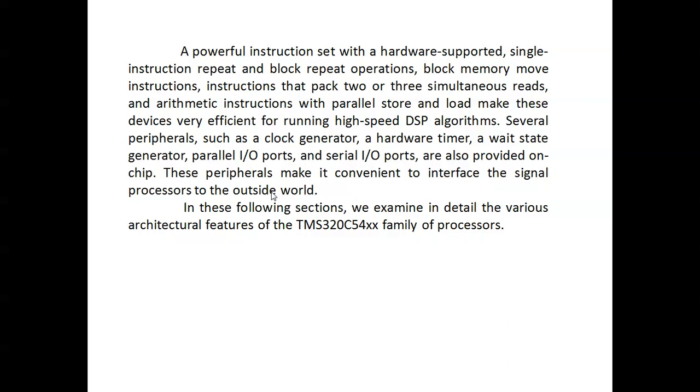They have a powerful instruction set with hardware-supported single instruction repeat and block repeat operations and block memory move instructions that pack two or three simultaneous reads, and arithmetic instructions with parallel store and load, which make this device very efficient for running high speed DSP algorithms.